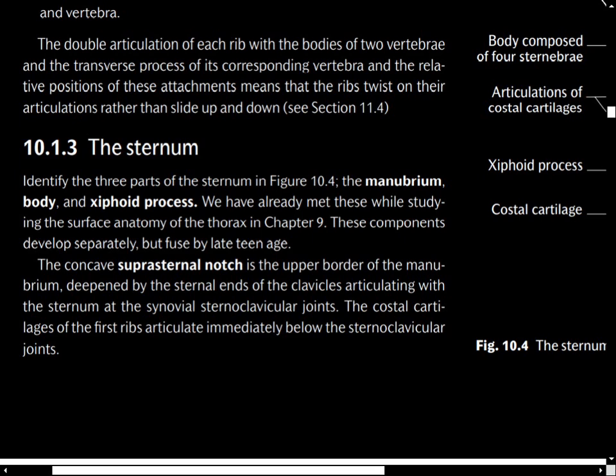The concave suprasternal notch is the upper border of the manubrium, deepened by the sternal ends of the clavicles articulating with the sternum at the synovial sternoclavicular joints. The costal cartilage of the first ribs articulate immediately below the sternoclavicular joints.